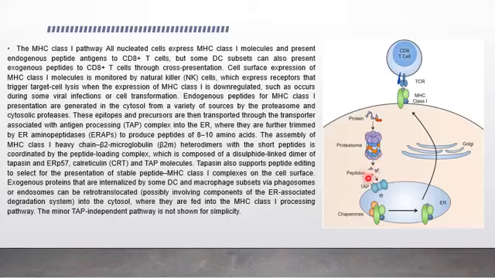The peptides then go to the endoplasmic reticulum, which has TAP, the peptide transporter protein. This transporter, the transporter associated with antigen processing, consists of two subunits, TAP1 and TAP2.